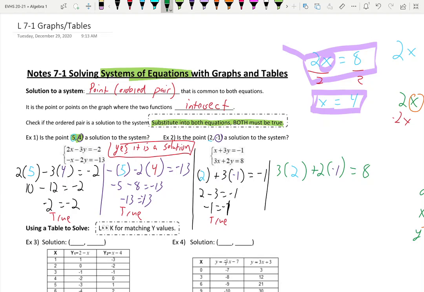And now we simplify. 3 times 2 is 6. 2 times -1 is -2 equals 8. And now this one gives me 4 equals 8, which is not true. That is a false statement. So, is it a solution? No. Since it is not true for both.